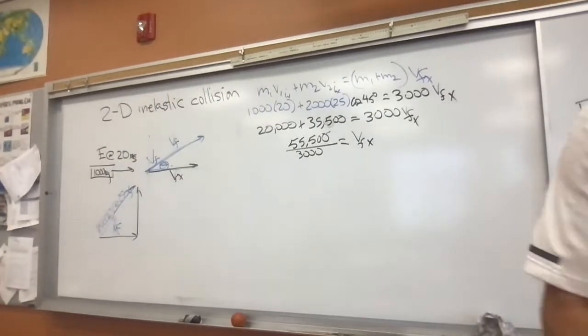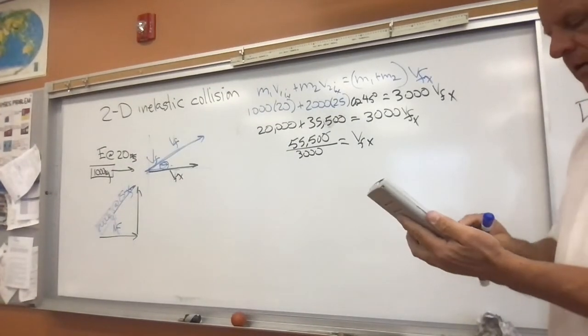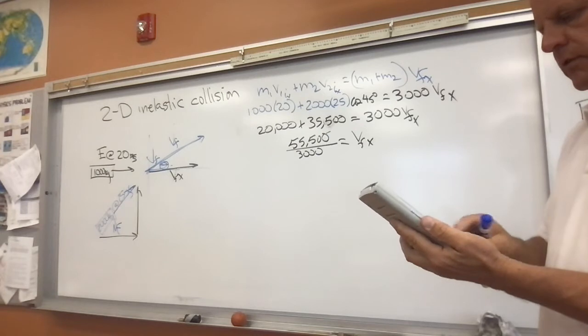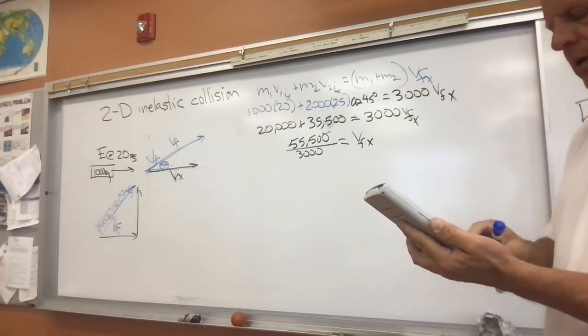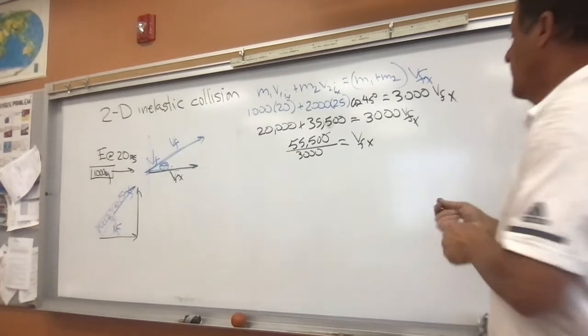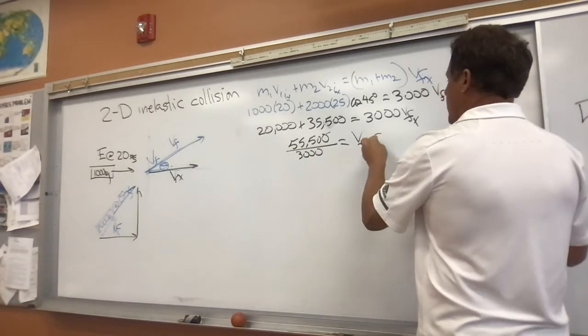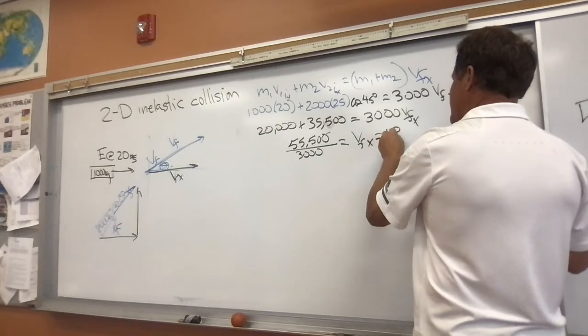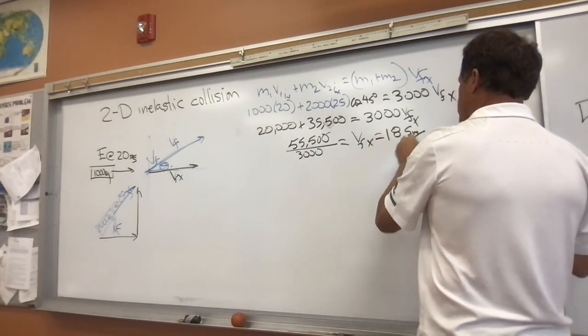All right, let's see, 55,500 divided by 3,000, 18.5. Okay, so now we know that our final velocity is 18.5 meters per second.